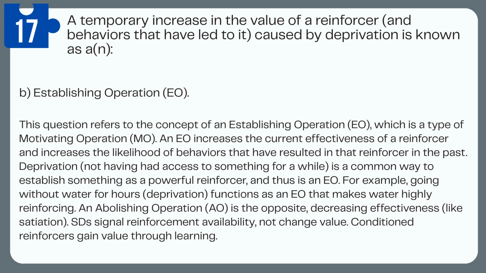For example, going without water for hours, deprivation, functions as an EO that makes water highly reinforcing. An abolishing operation, AO, is the opposite, decreasing effectiveness, like satiation. SDs signal reinforcement availability, not change value. Conditioned reinforcers gain value through learning.